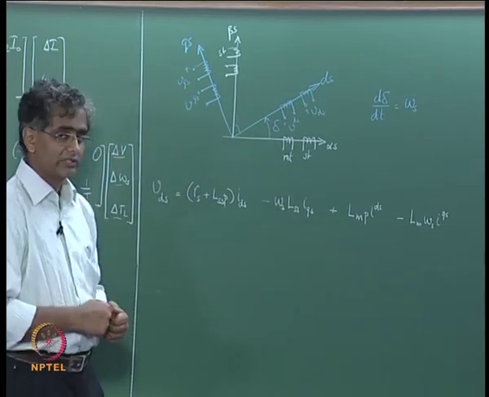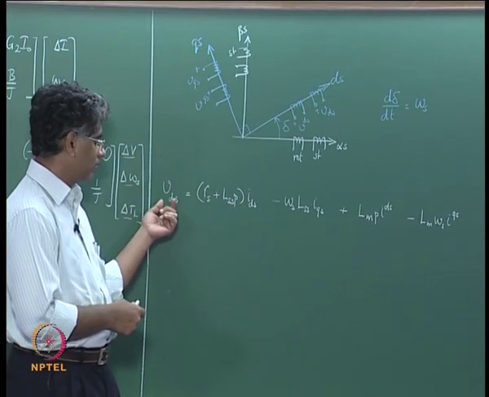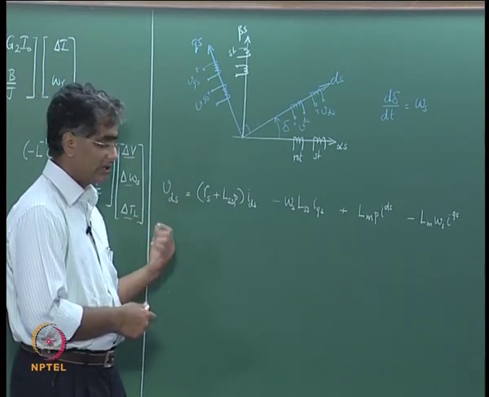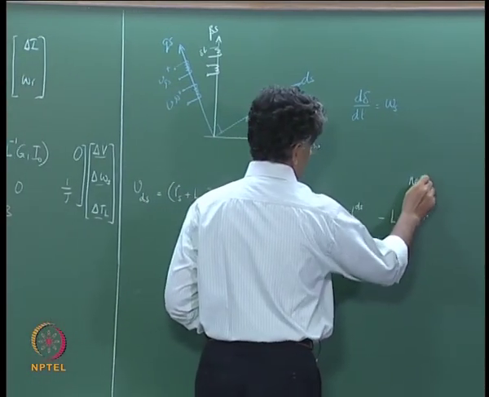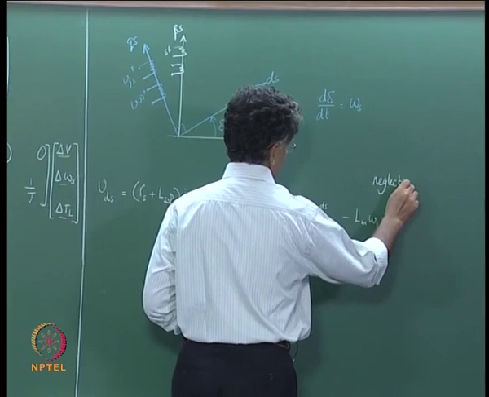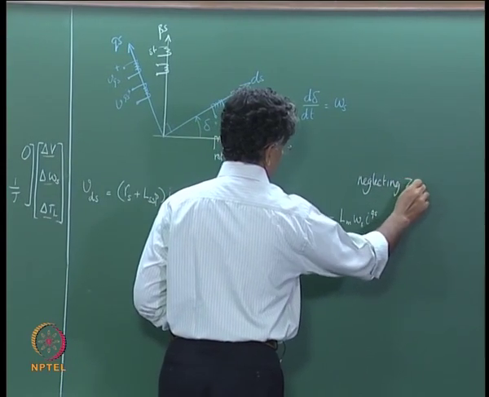This was the equation for the d axis voltage of the stator, neglecting zero sequence components.